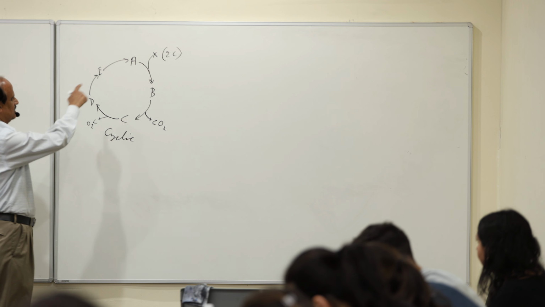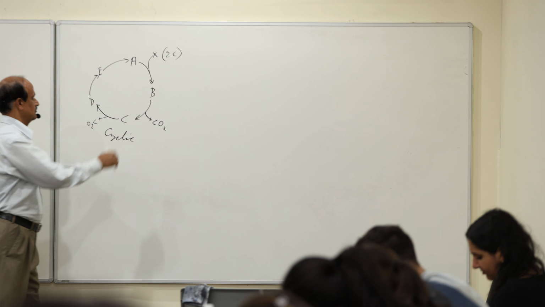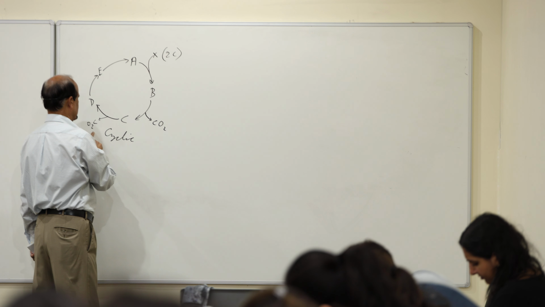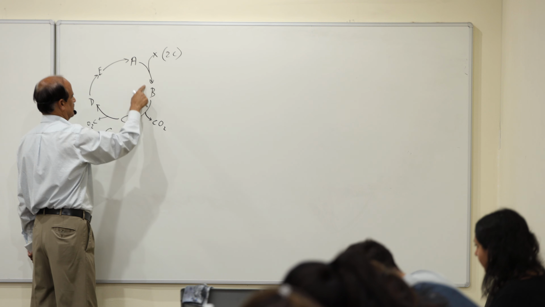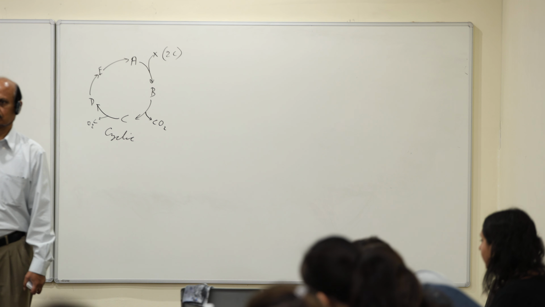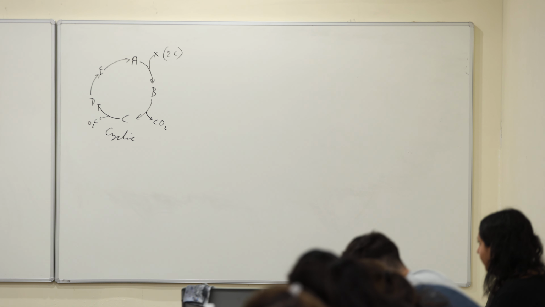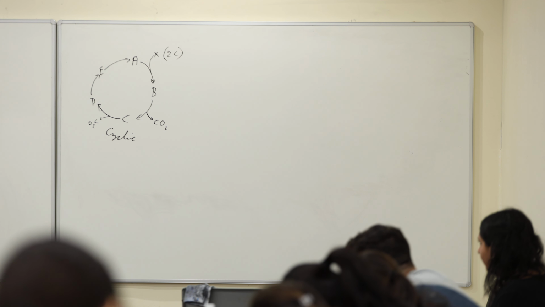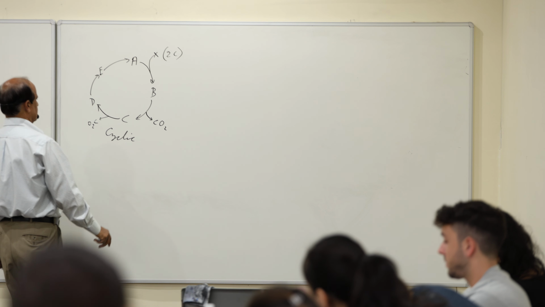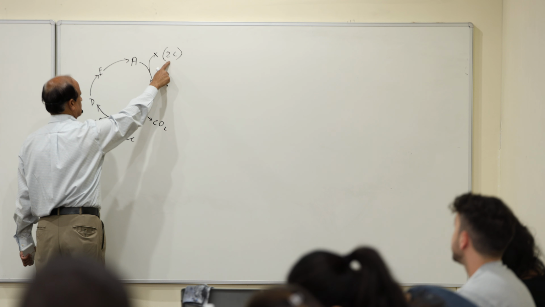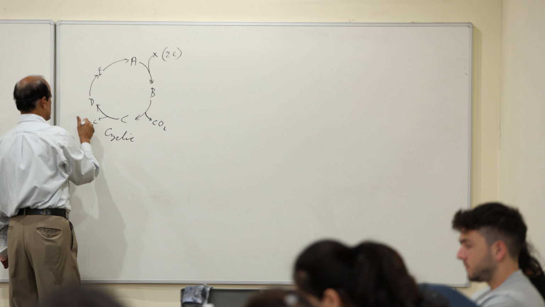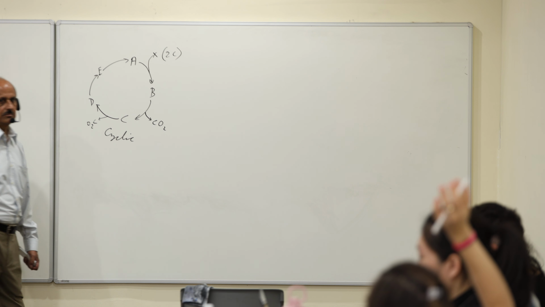So the purpose of this is to convert the 2 carbons of the starting material here to carbon dioxide molecule, and in the process you are using these intermediates that keep making them again and again. And that's why it is a cyclic pathway, and you are using the same enzymes again and again with every cycle. The net result is that you are converting the 2 carbons of this compound to 2 carbon dioxide molecules.